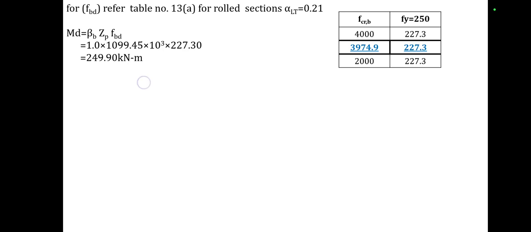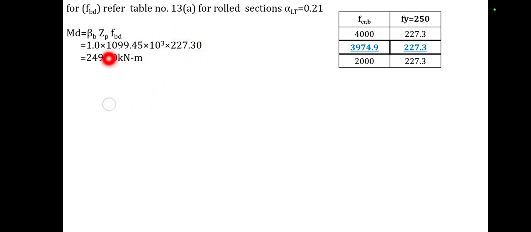By interpolating we get this value as 227.3, as this value 3975 is very close to 4000. This value is equal to 227.3.